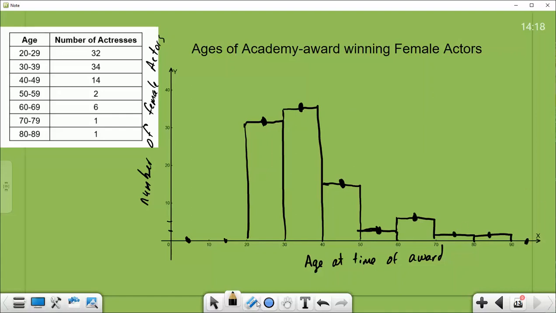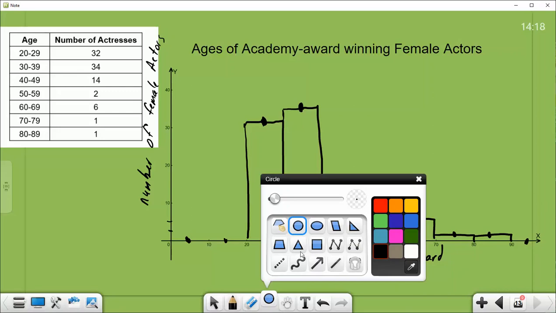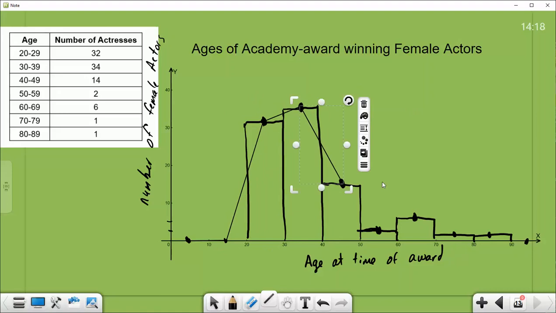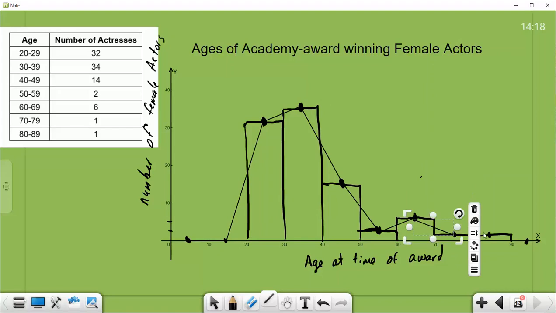And then connect the line there. Okay, so simple as that.